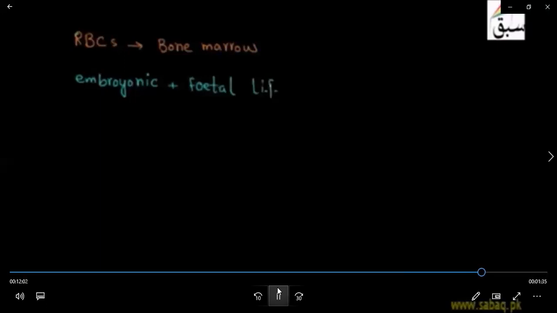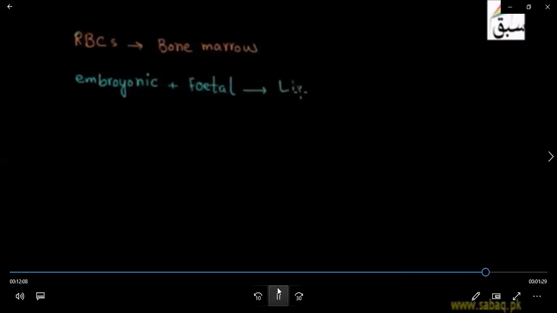Now, where are these RBCs, WBCs, and platelets formed? They are formed in your bone marrow. What is bone marrow? Bone marrow is the squishy substance present inside the bones. When a human or an animal is in the embryonic or fetal stage, they don't have properly defined bones, and if they don't have bones, they don't have bone marrow. But they need blood at that time as well, obviously.